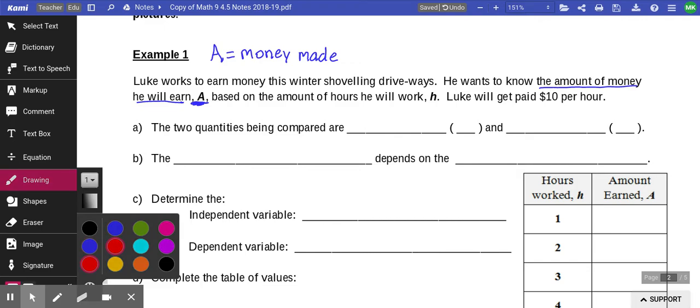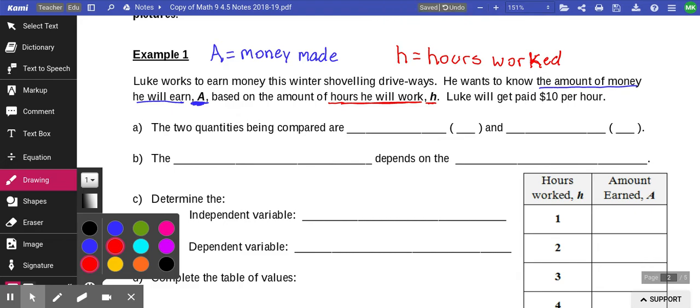Then I'm going to look for the next letter. It says, based on the amount of hours he will work, H. Hours he will work, H. So then I write to myself, H equals hours worked. That's how I do it on a regular question.